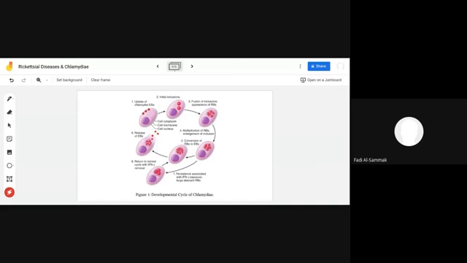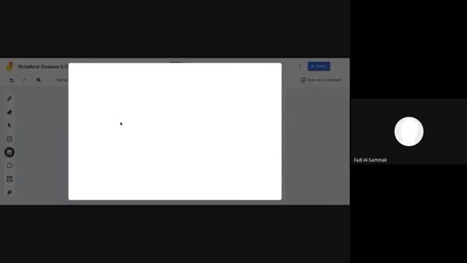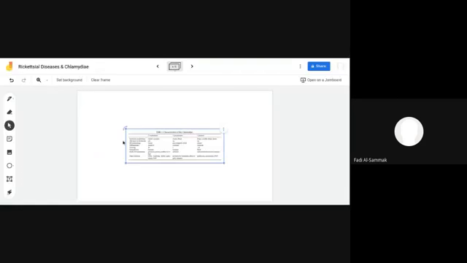And what are the diseases responsible for these species also? So here we are going to see this table in a while. Okay. I hope now you see this table.